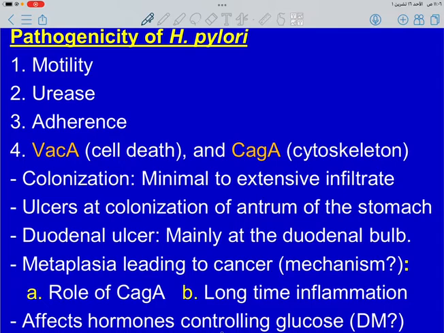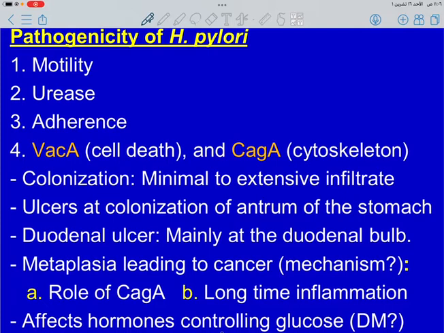Now, metaplasia leading to cancer. Long infection and irritation of the cells will lead to what? Metaplasia. Any place with irritation for a long period is prone to metaplasia. The role of CagA and long-time inflammation.